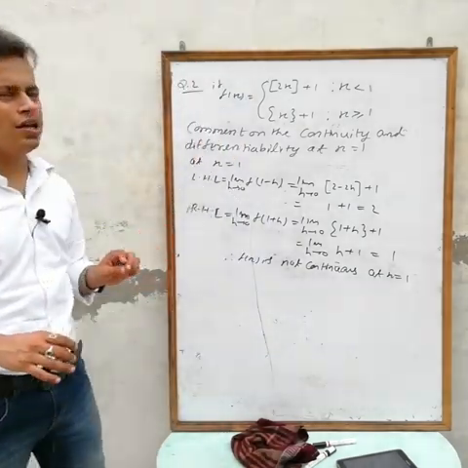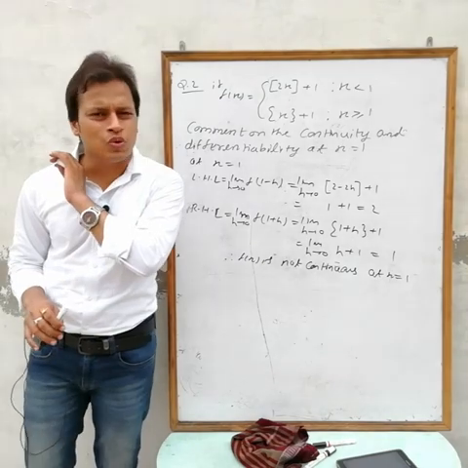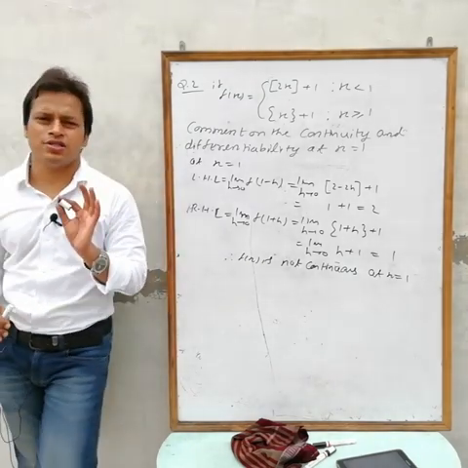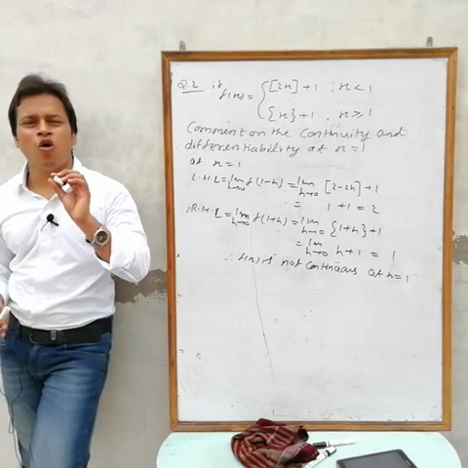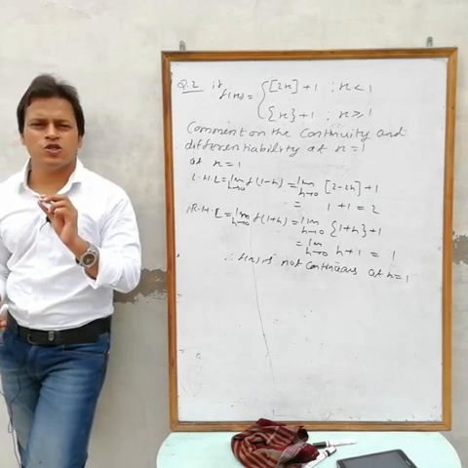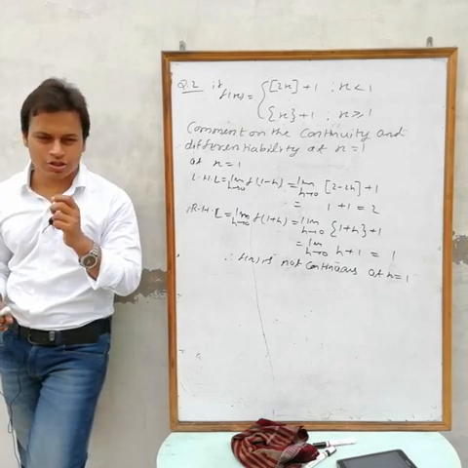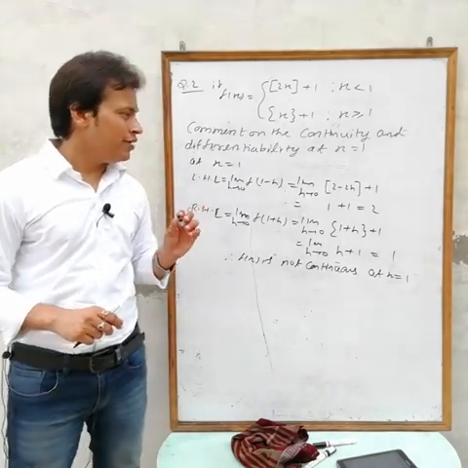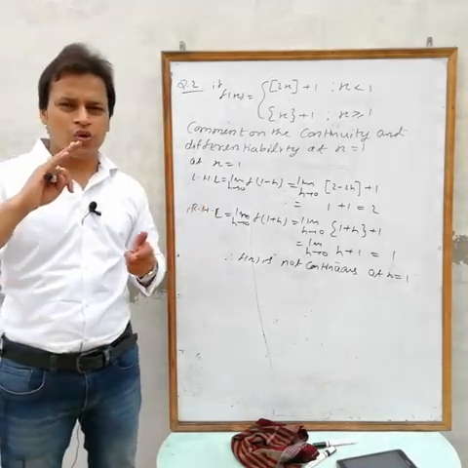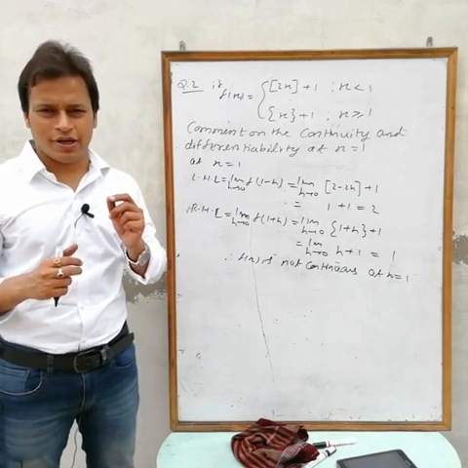Now actually, if the function is not continuous at x equals 1, then there is no need to find differentiability. If the function is discontinuous, then obviously the function will always be non-differentiable. It means the function is not differentiable. If the function is not continuous, it means we have a break at this point.